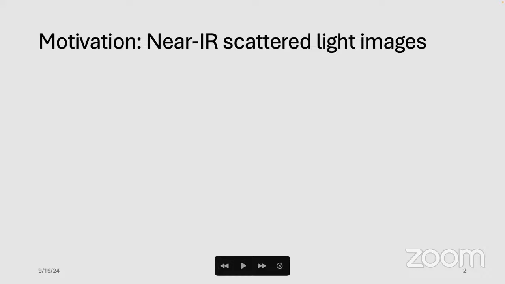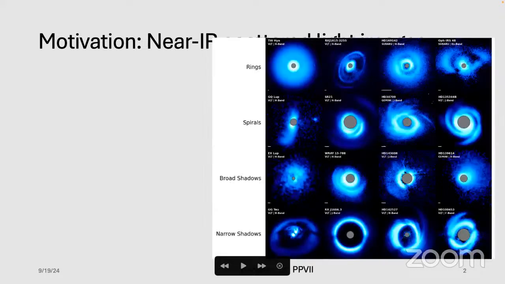Andreas has introduced you to the very wonderful ALMA large program, and you know that ALMA is a very powerful tool to study protoplanetary disks. But I want to show you another mode of observations, from near-infrared scattered light images.